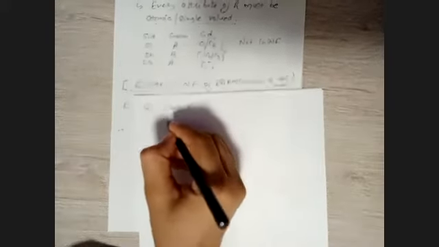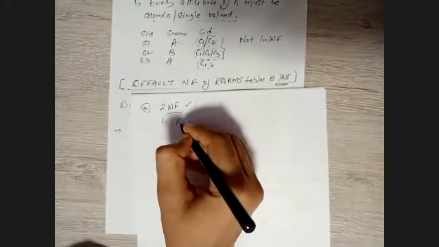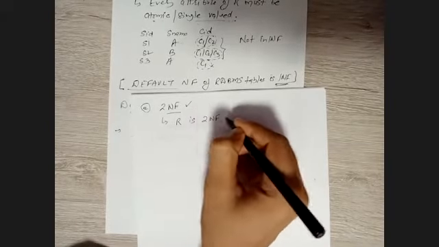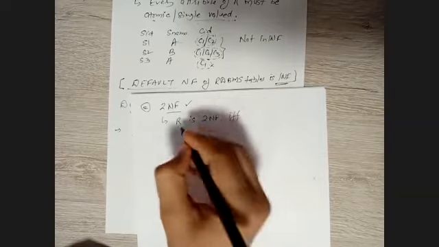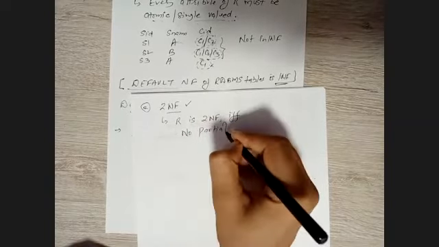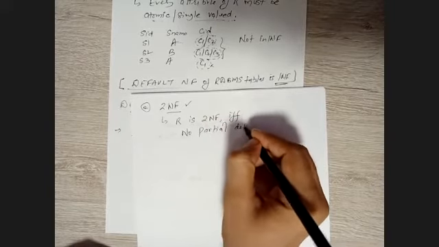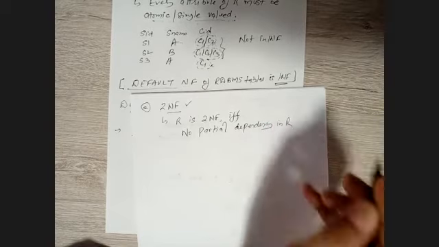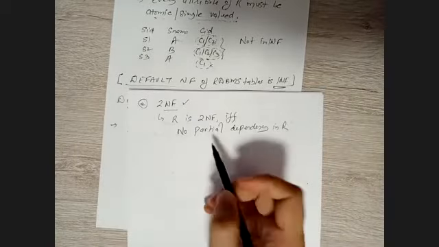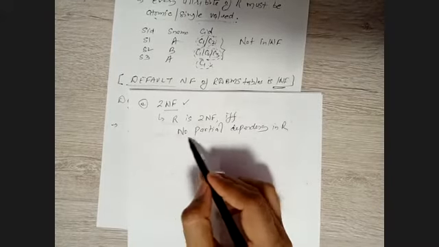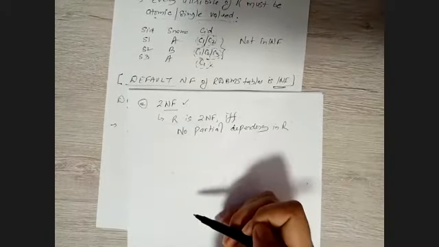What second normal form says: the relational schema R is in 2NF if and only if there is no partial dependency in R. It means that in second normal form, we need to detect whether in the given functional dependencies there is no partial functional dependency, right?